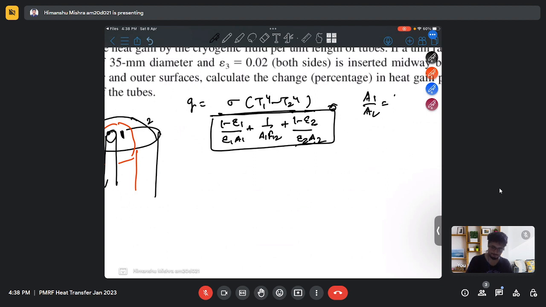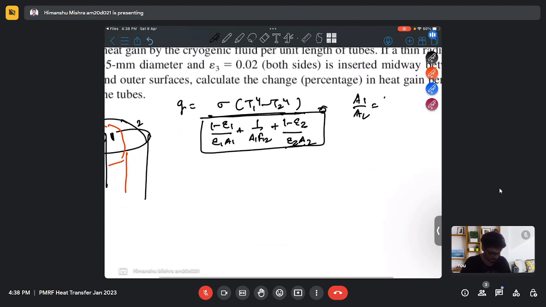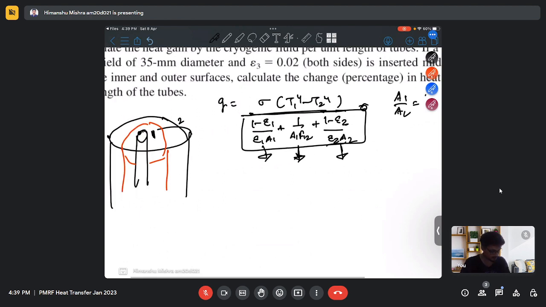So this is my space resistance and this is my radiation heat exchange between two parallel surfaces from surface 1, and this is from surface 2. And this is the space resistance between surface 1 and surface 2.